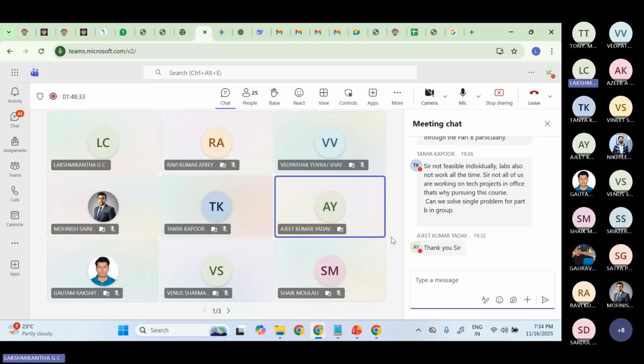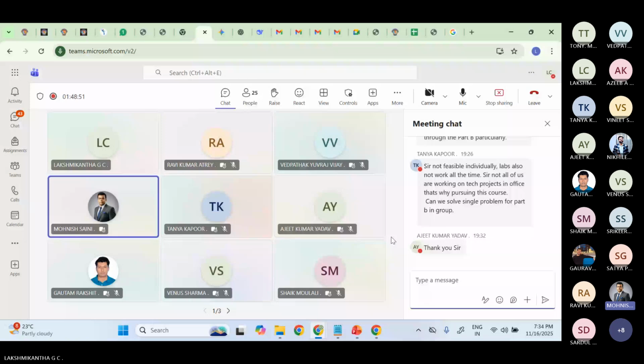Yes, Ajit, you are unmuting. No, I don't have anything. So, Saini, you were telling something. Actually, in my group there are four people, for example A, B, C, D. So only one person needs to submit on Texila, and the other people should not upload anything, right? Correct, on the Texila.